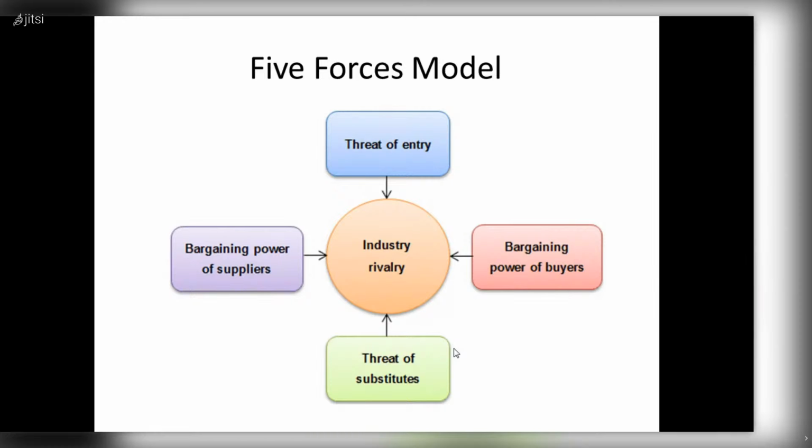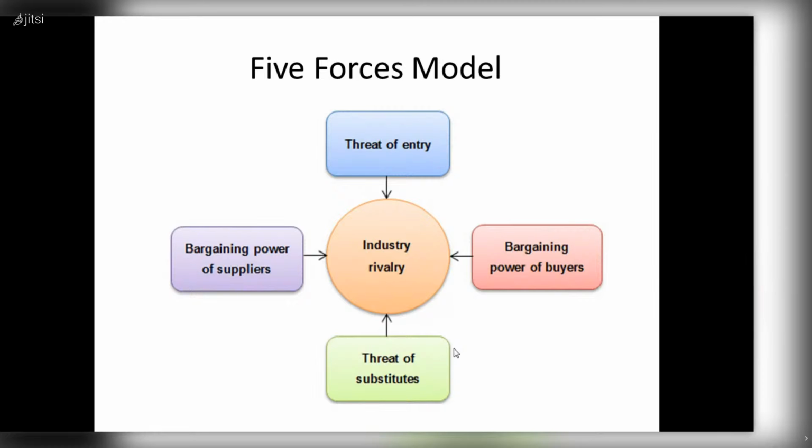Suppliers have strong bargaining power when there are few suppliers but many buyers, when suppliers are large and threaten to forward integrate, when very few substitute raw materials exist, when the suppliers hold scarce resources, and when the cost of switching raw materials is especially high.